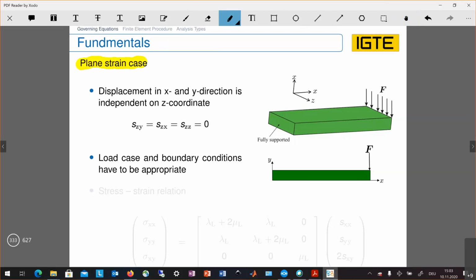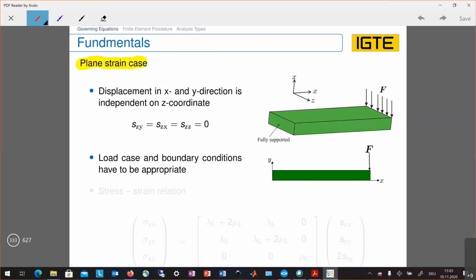And for this case, as you can see on this side, we have a structure like this kind of cantilever, and we can assume that we have no dependency on the z coordinate, which means our mechanical normal strain zz, as well as the two shear strains szx and szy, is equal to 0.